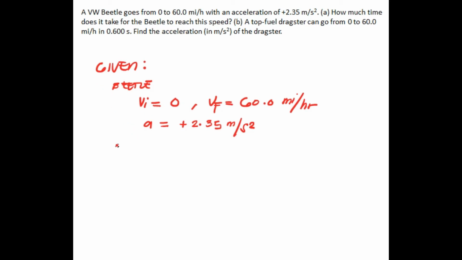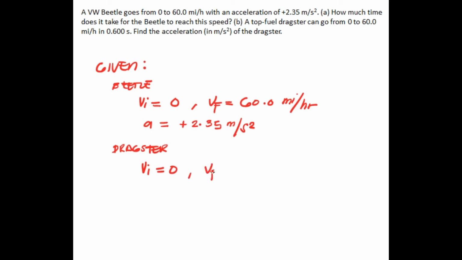For the dragster, a top fuel dragster, it's a race car. The given is the initial velocity of the dragster. It can also go from 0 to 60, so the initial velocity is also 0.